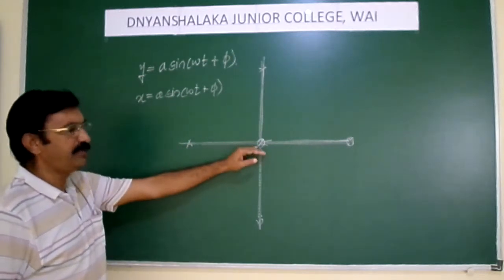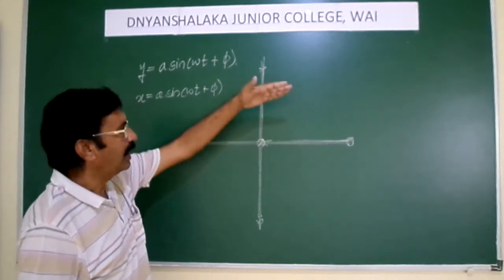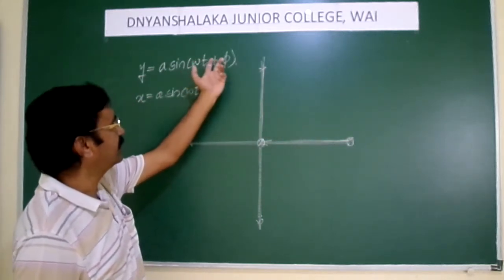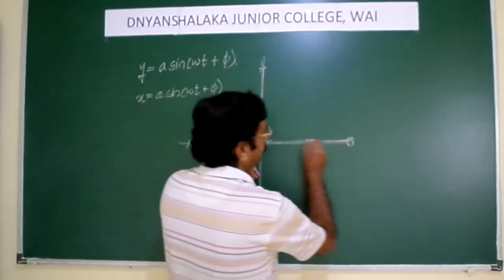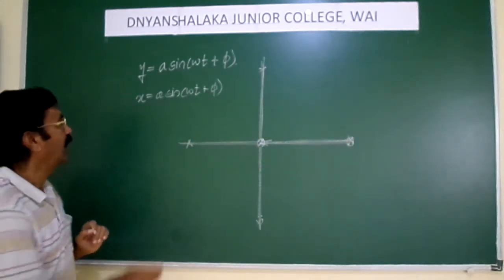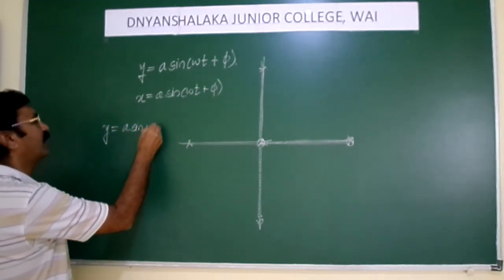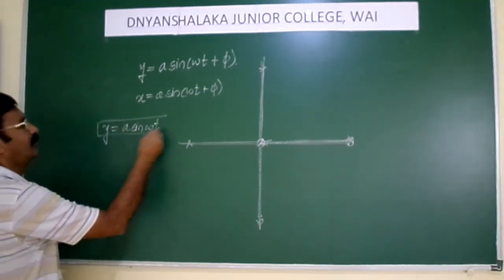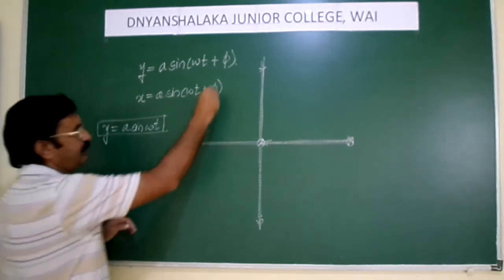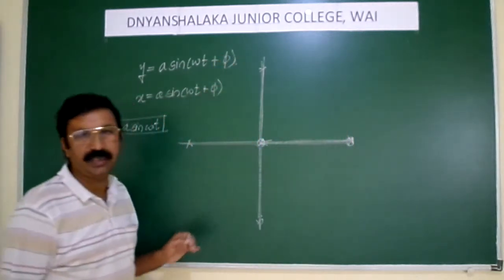So the initial phase is 0. The angle omega t itself is 0, and so the particle is at the mean position. And so the expression is written as y is equal to a sine of omega t. This is the condition when the particle initially is present on the x-axis.